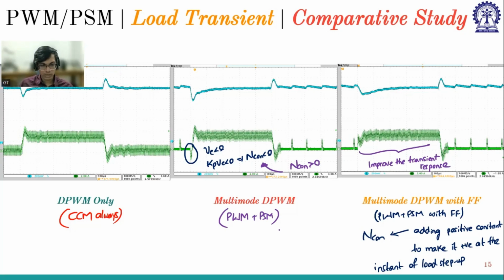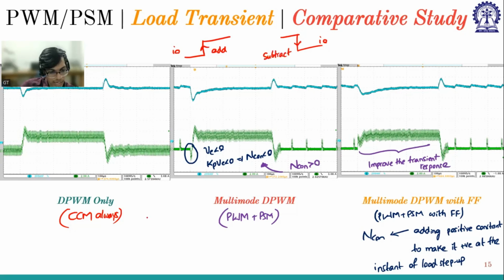It again depends. In general, in the majority of cases, it will be added. Let me give you one counter example. Say there is a load step up in I naught, and there is a load step down in I naught. In the case of load current feed forward, this will add, and this will subtract.